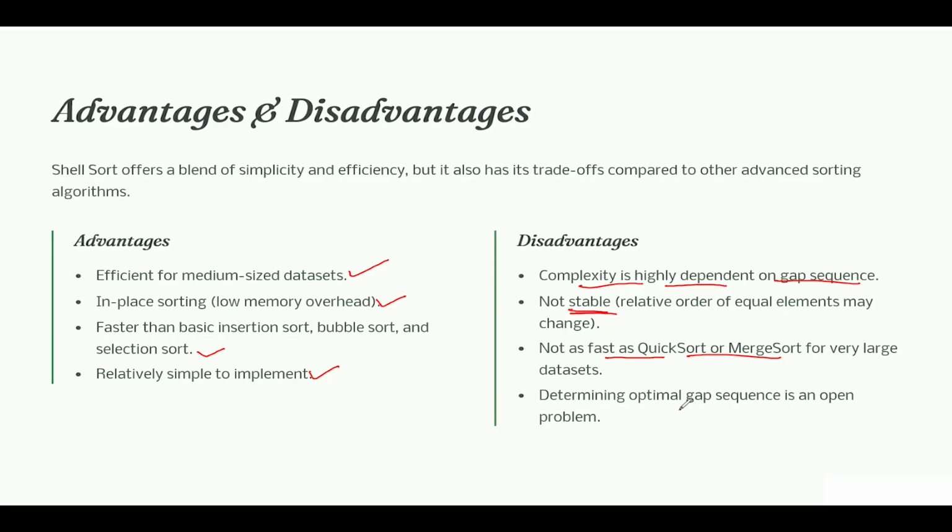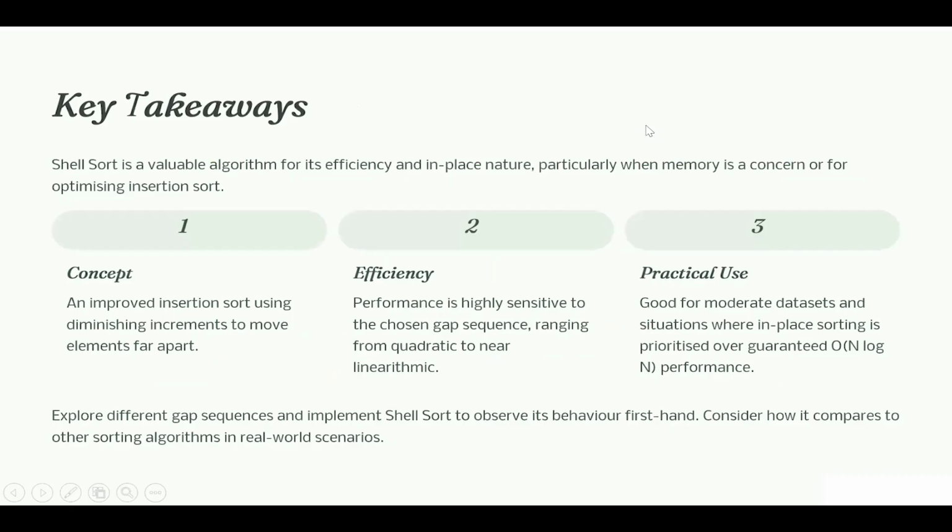And determining the optimal gap sequence, like I told, it is always dependent on the gap sequence which you are picking. Hence, determining the best one is an open problem. So what are the takeaways of this particular shell sort? It is an improved insertion sort using diminishing increment.